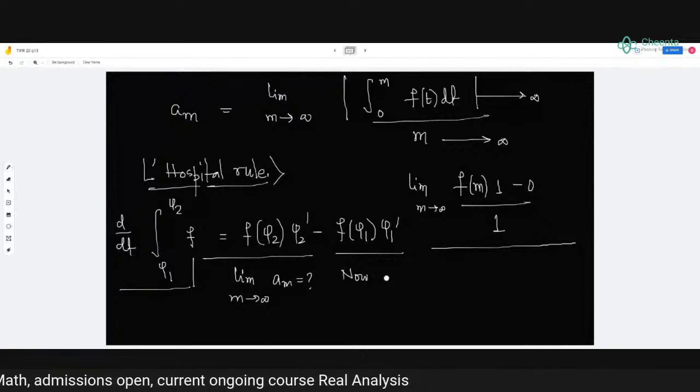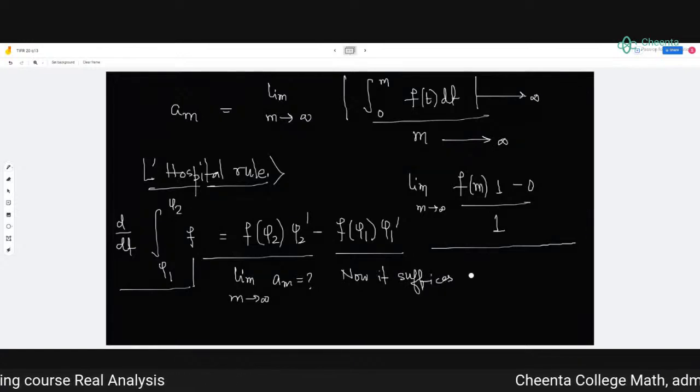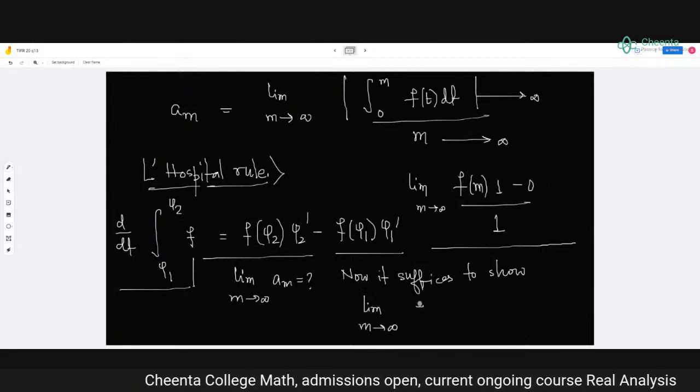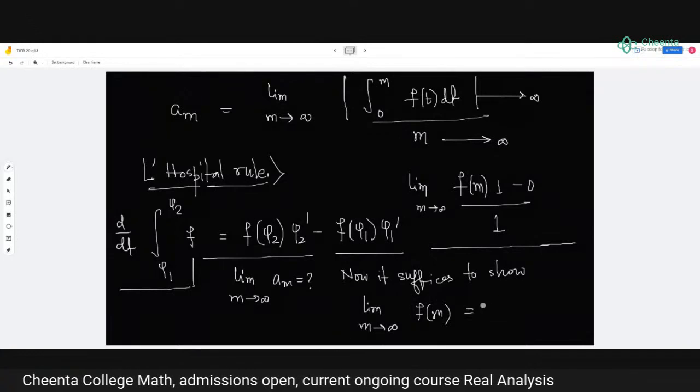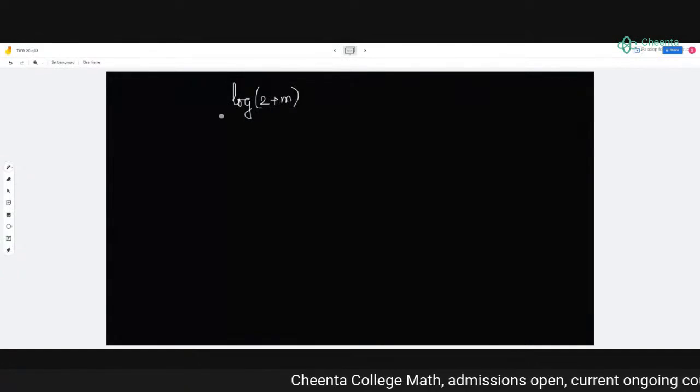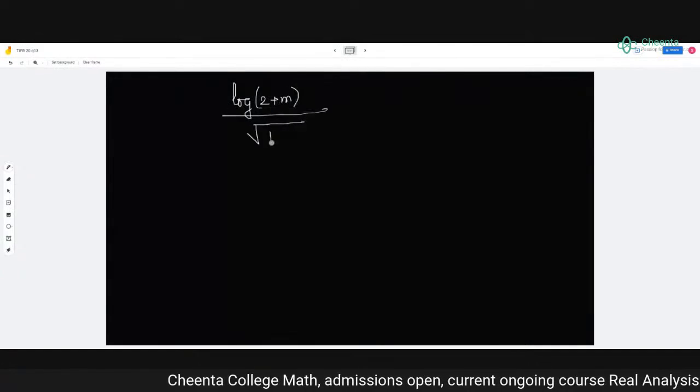Now it suffices to show what the limit as m tends to infinity of f of m is. All right, so let's just get on to it. We will use L'Hospital's rule once again. So f of m is log of 2 plus m by root over 1 plus m.